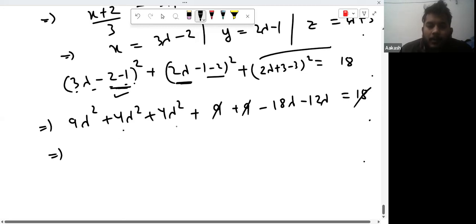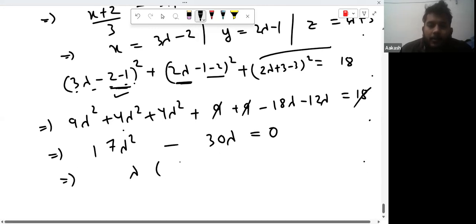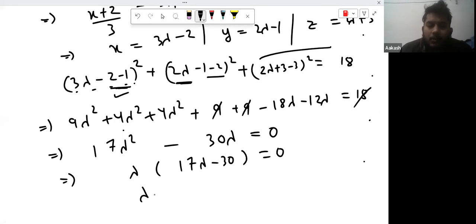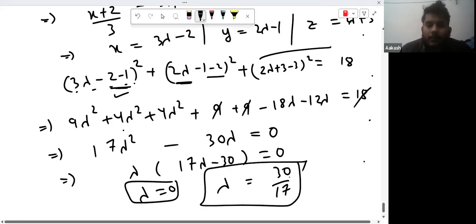So all we have is 17 lambda square minus 30 lambda is equal to 0. We can take lambda common, 17 lambda minus 30 is equal to 0. So lambda can be 0 or lambda can be 30 by 17. Okay, got it? Yes, sir.